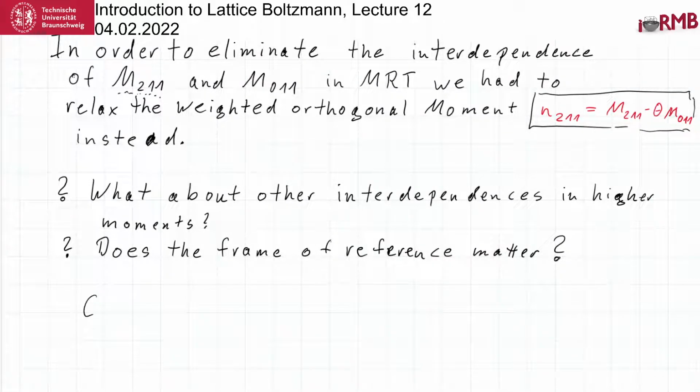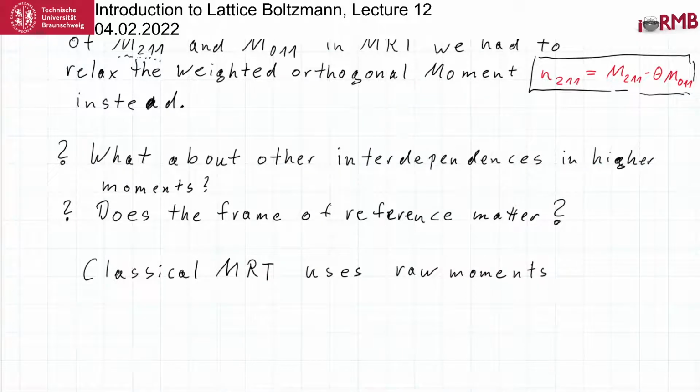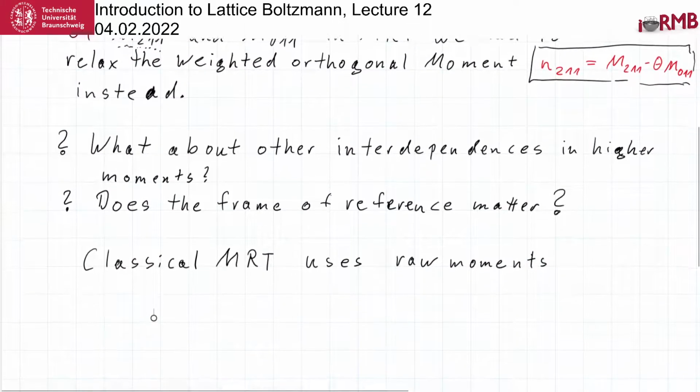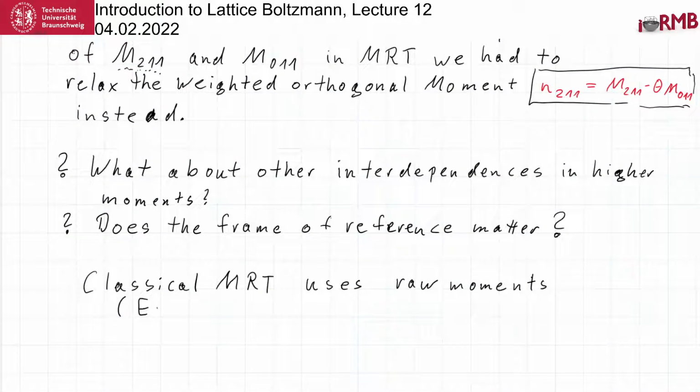So we have seen that the classical MRT, which is the one from Lallemand and Luo, uses raw moments. They make them orthogonal, but still it's raw moments. We call them raw moments because they are in the Eulerian frame.